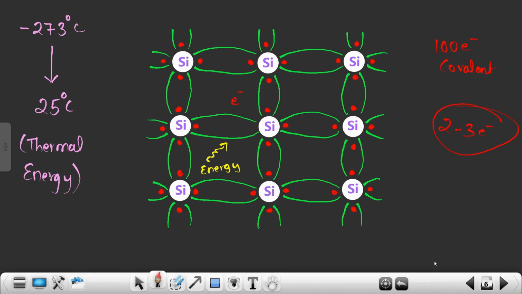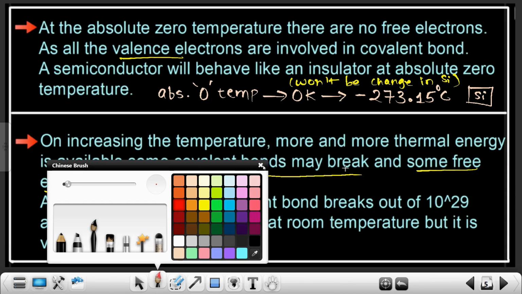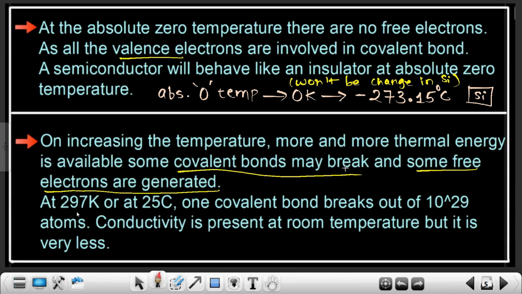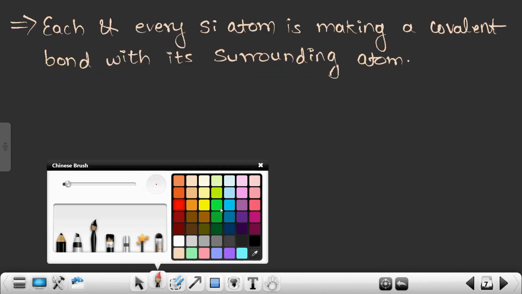Now let's proceed further and read the next point. It states that at 25 degrees Celsius, one covalent bond breaks out of this many atoms. Let me write it properly.